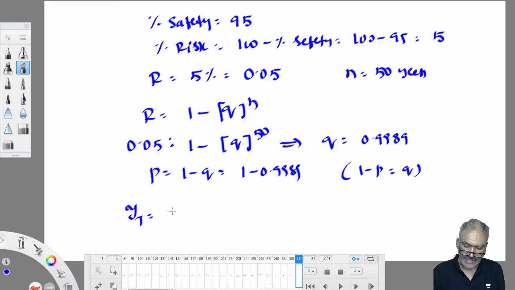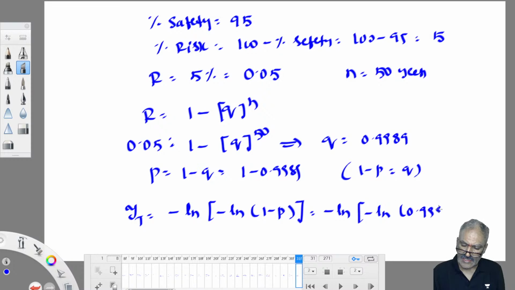YT. YT is equal to minus ln into ln of 1 minus P. So 1 minus P is Q only. Minus ln of ln of 0.9989, taking ln of the answer and again ln once more, then into minus 1.